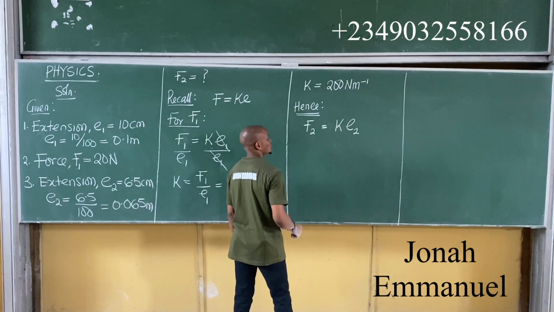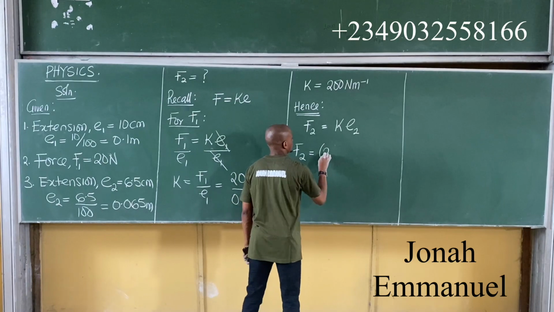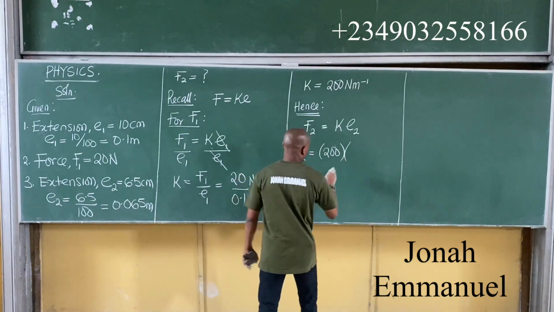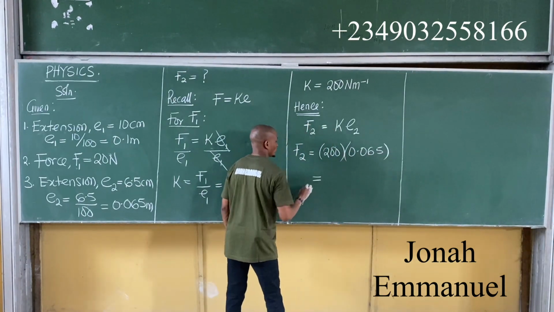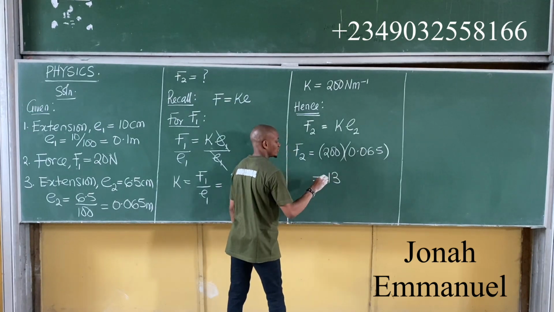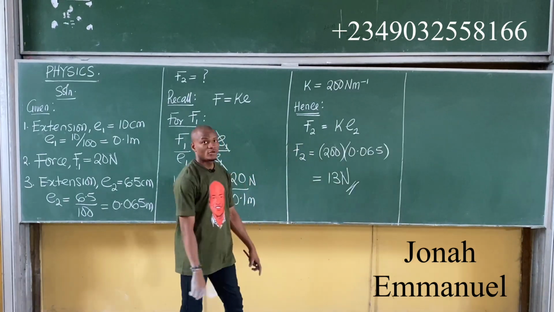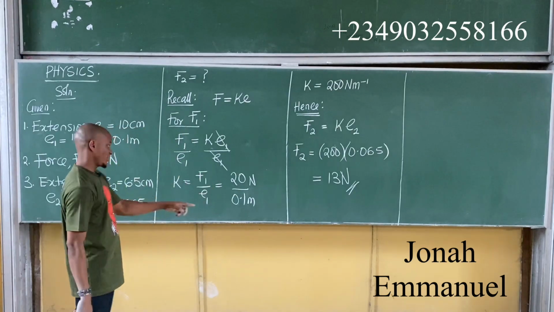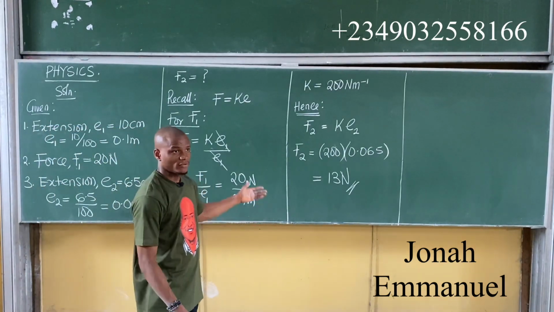K is 200 times E2. What's E2 there? 0.065. Multiply this. What's F2? 13. Units? Newton. So F2 is 13 Newton. The force required to extend that same spring by this amount is 13 Newton. That's how you solve this question.